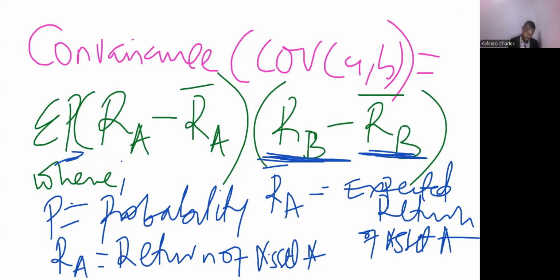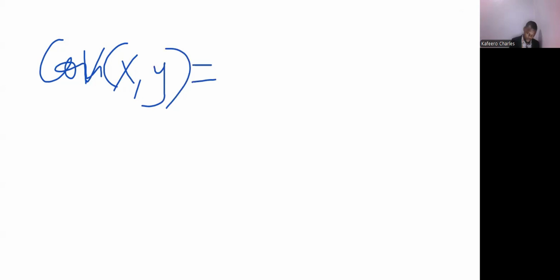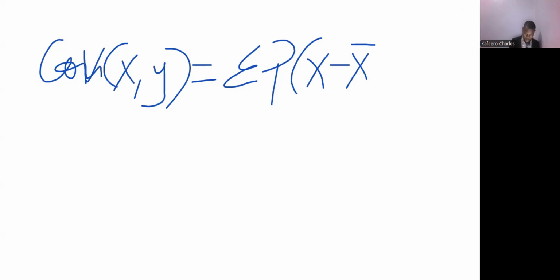So mathematically, the covariance is written as cov XY, which is equivalent to summation P into X minus X bar into Y minus Y bar.